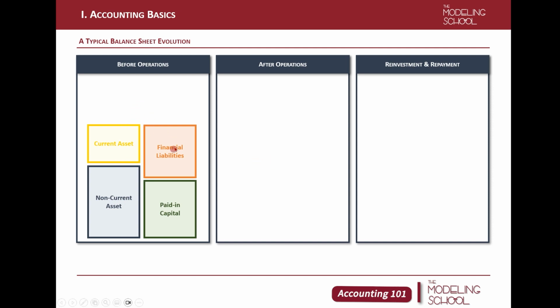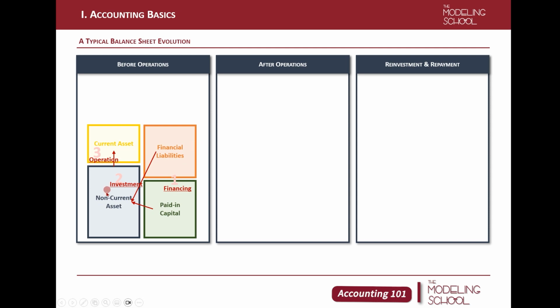Typically, after operations, what happens? So first, you've financed your business. You've made an investment and operation. So this is the typical flow of a business investment cycle: the finance, investment, operations.